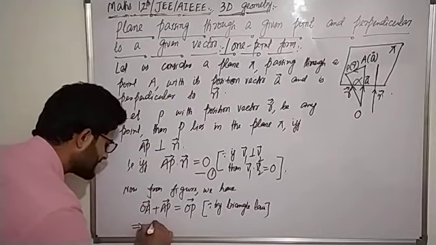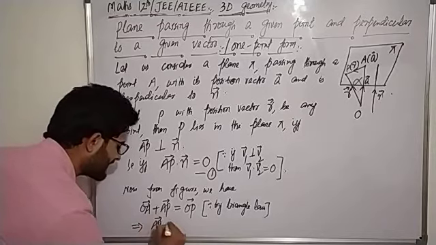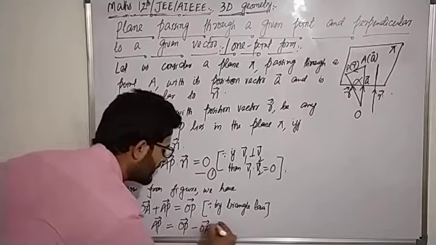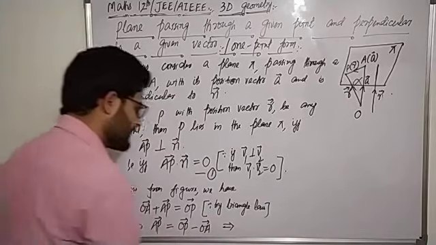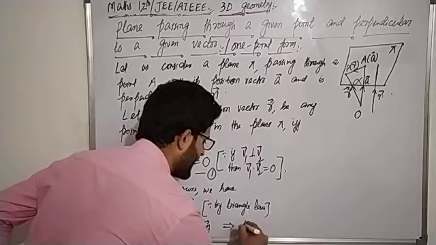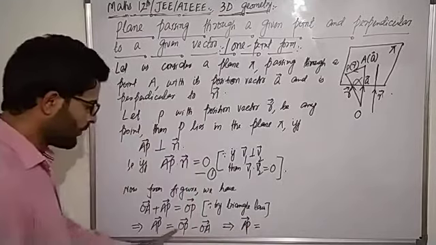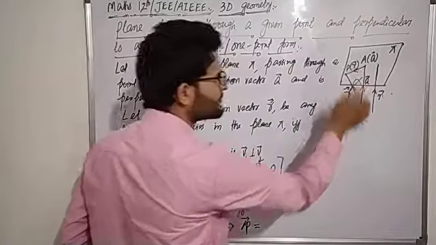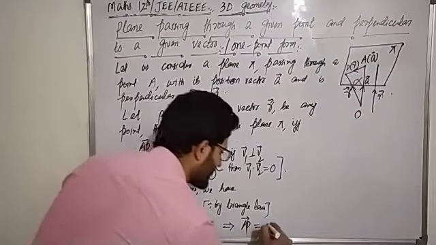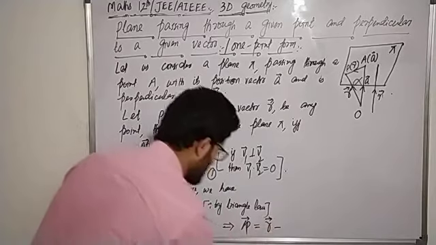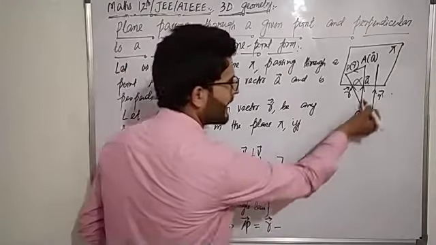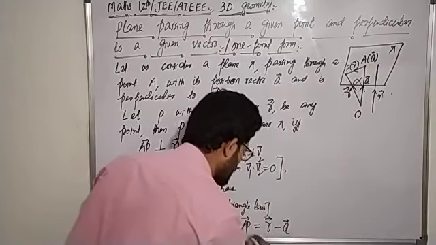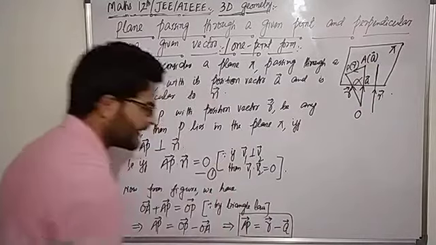From here we will get the value of AP vector, and that's equal to OP vector minus OA vector. So what will be the value of AP vector? That's equal to OP vector. OP vector is actually the position vector of point P, and that's small r vector. So small r vector minus OA vector. OA vector is the position vector of point A, so that can be represented by small a vector. So we have got the value of AP vector.